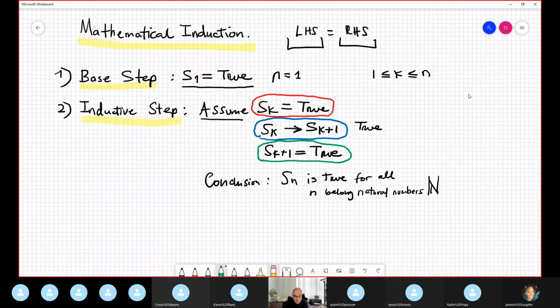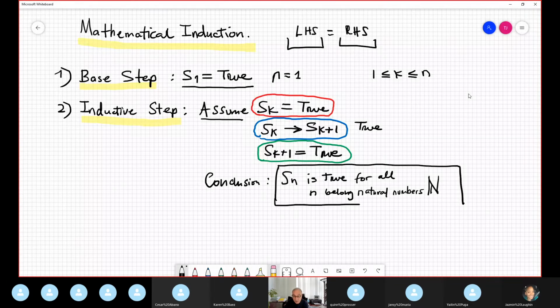And the super fantastic conclusion is the statement is valid for all real numbers. All real numbers, no, sorry, all natural numbers. Remember, we are talking about a sequence. A sequence is a function, but the domain is the natural numbers. Okay, this is the idea.